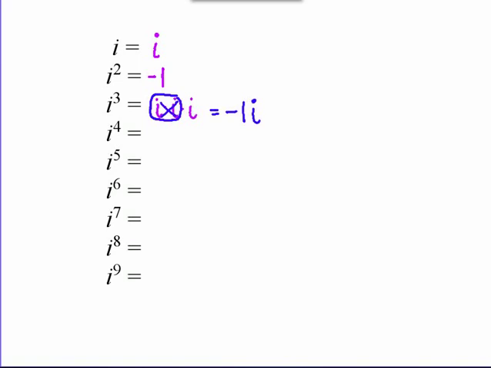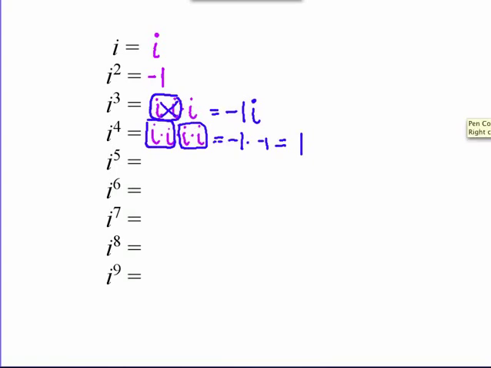Okay, so i to the 4th is going to be i times i times i times i, right? These 2 i's make what? Negative 1. These 2 i's make what? Negative 1. So I really have negative 1 times negative 1, which is 1. Now, what does i to the 5th equal?